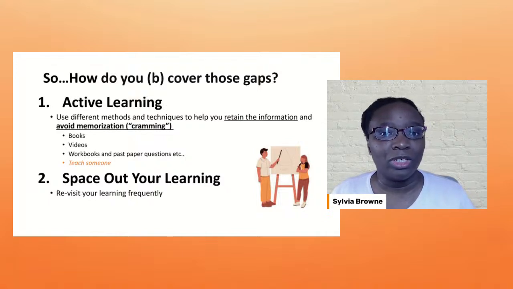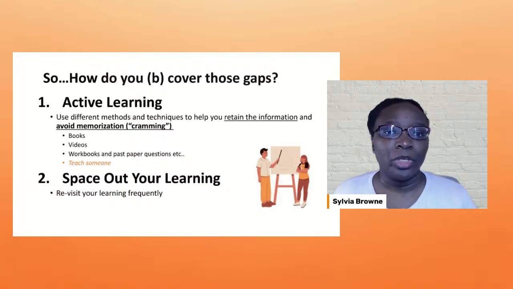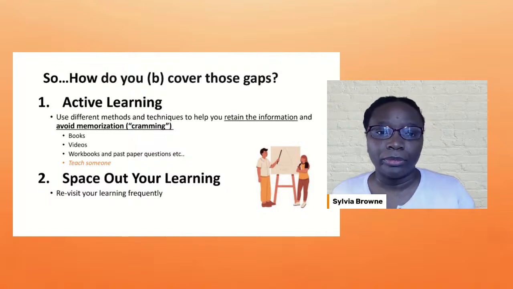Are you confident that you've understood photosynthesis? All right, now go and teach your mom. Now go and teach your brother or sister. That's a really good way to show that, yes, indeed, you have actually learned and you do understand.